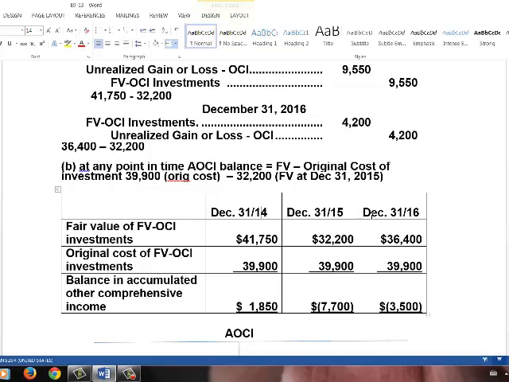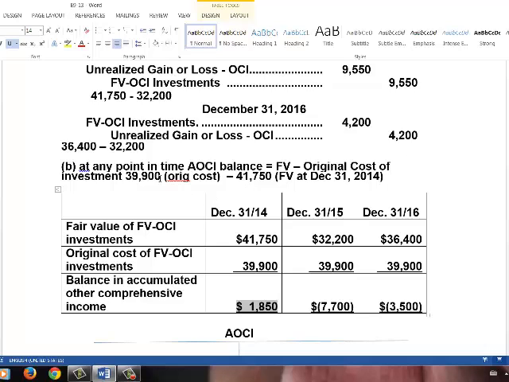Now at the end of 2014, take my original cost, subtract from it the actual fair value, which is $41,750. So therefore, if I compare my fair value, which is higher than cost, now I know I have a cumulative unrealized holding gain in the account at that point of $1,850.